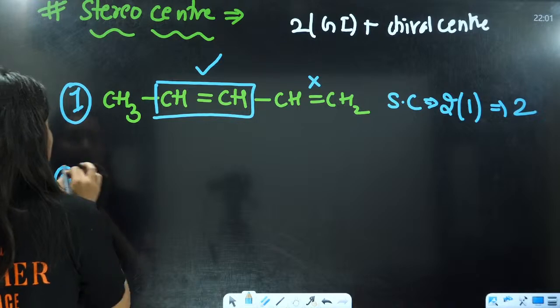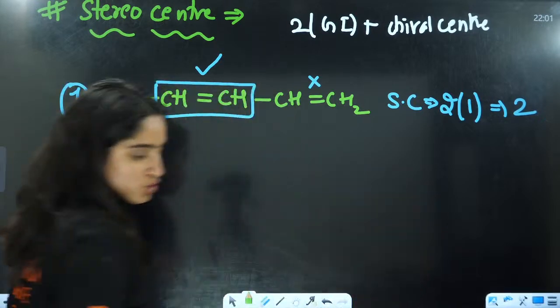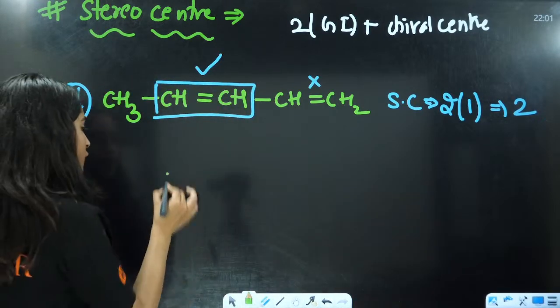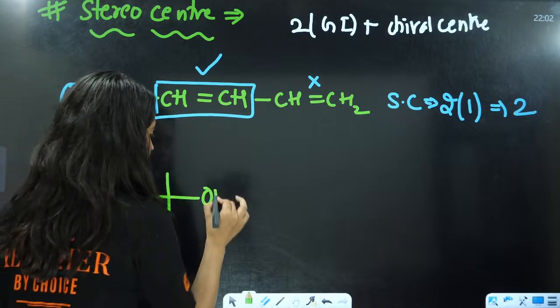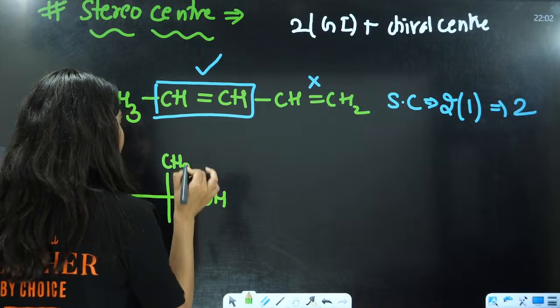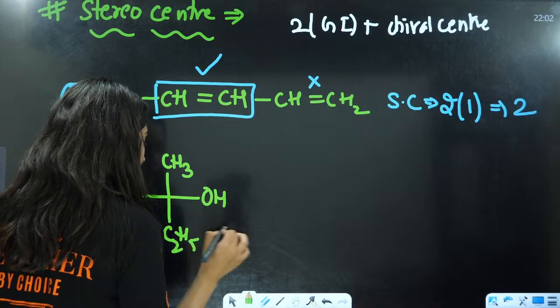Now let us talk about the second example here. What about this one? You have Cl, you have OH, this is CH3, and this is C2H5.